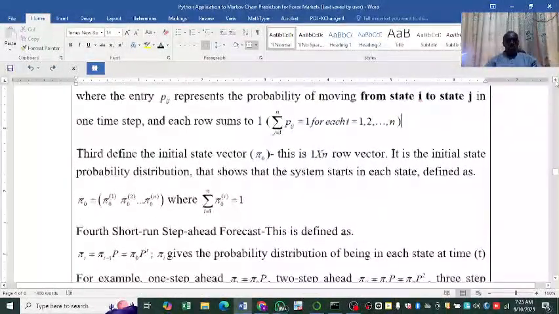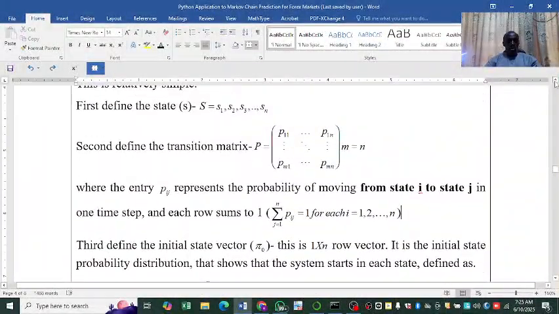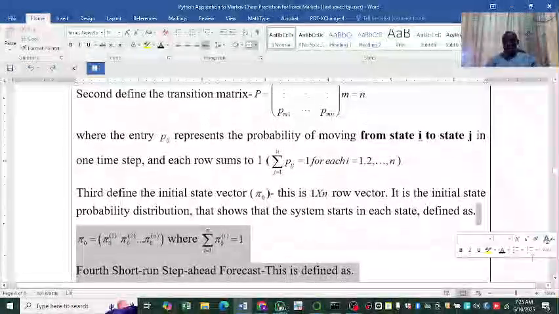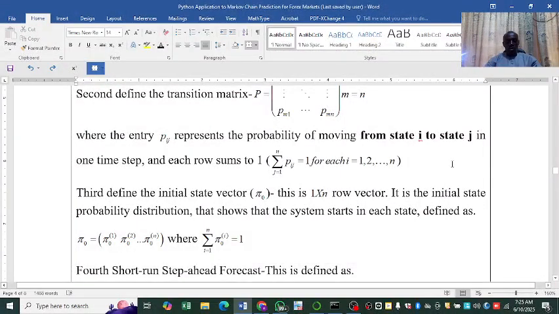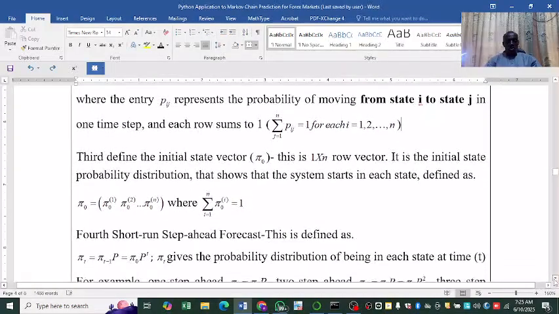After the matrix, the next thing is to multiply the initial vector by the matrix.